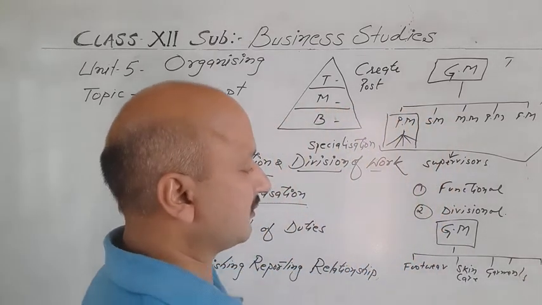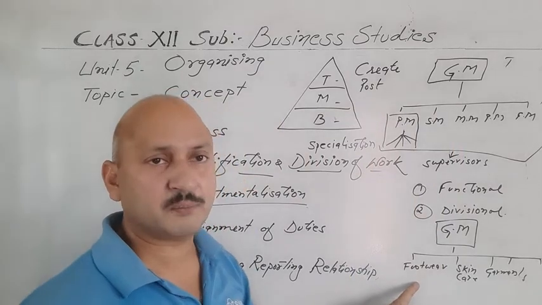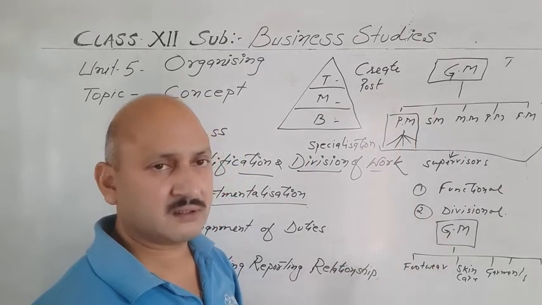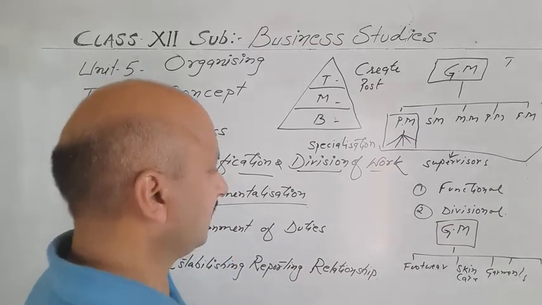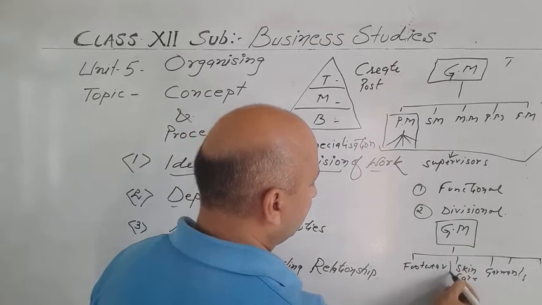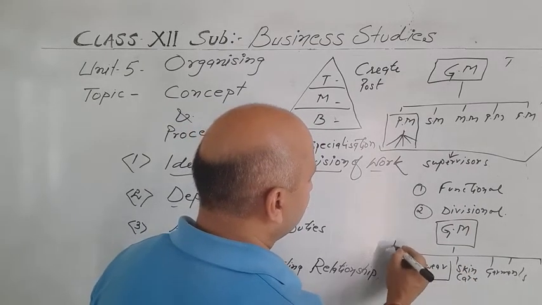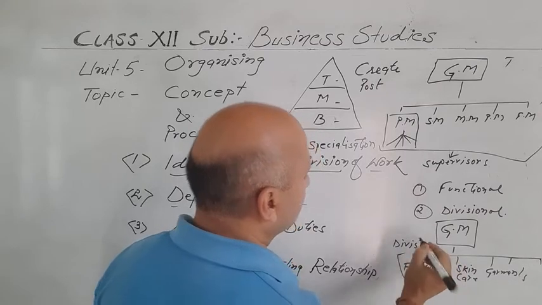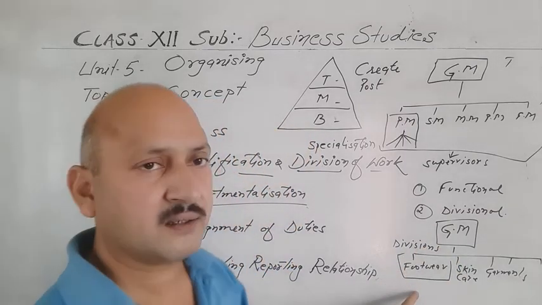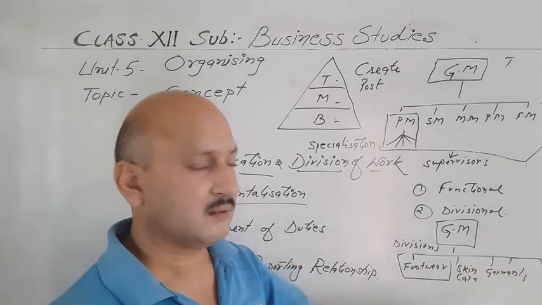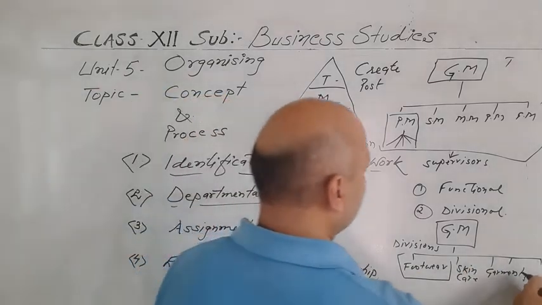This type of structure which depends on the products is called divisional structure, and in this structure we have to create separate divisions. Footwear is one division, skin care is the second division, and garments is the third division.